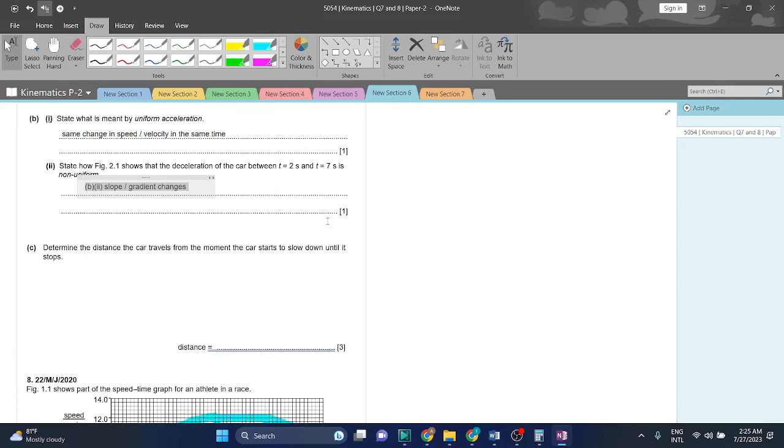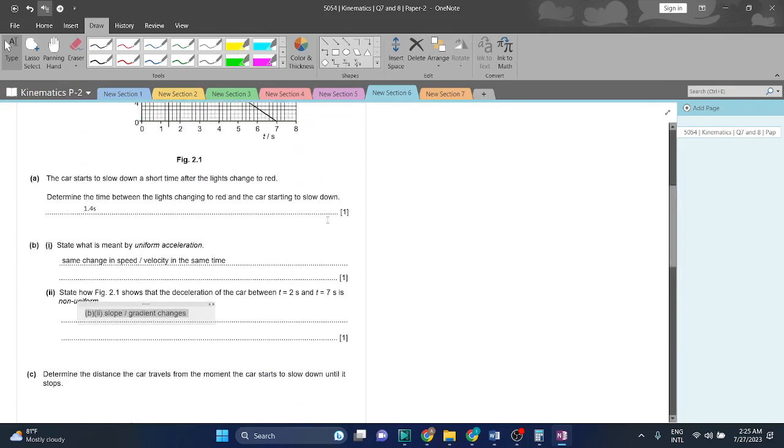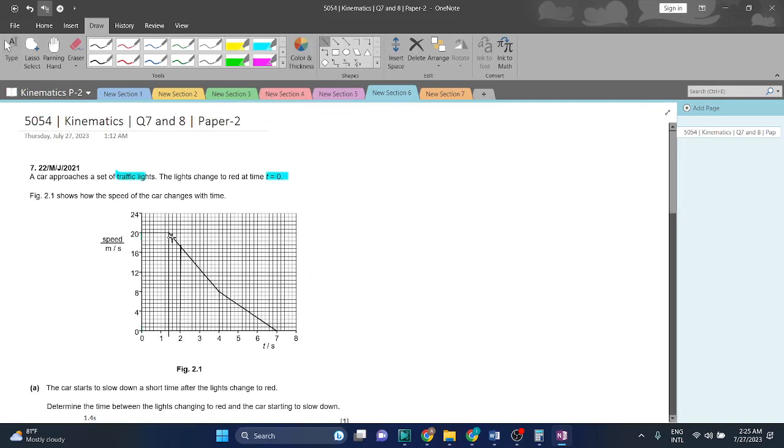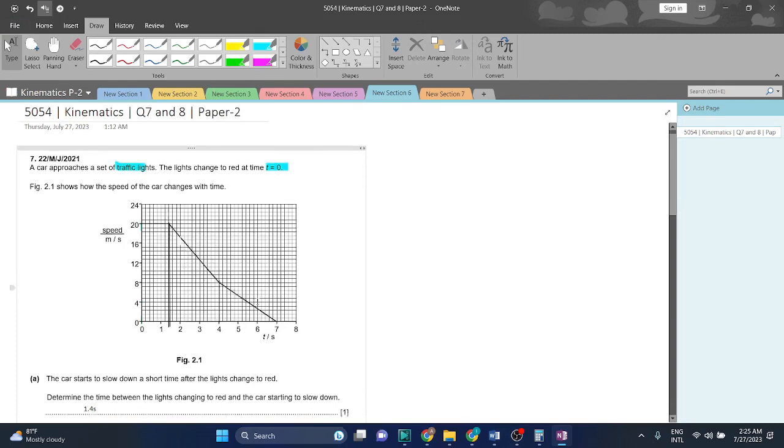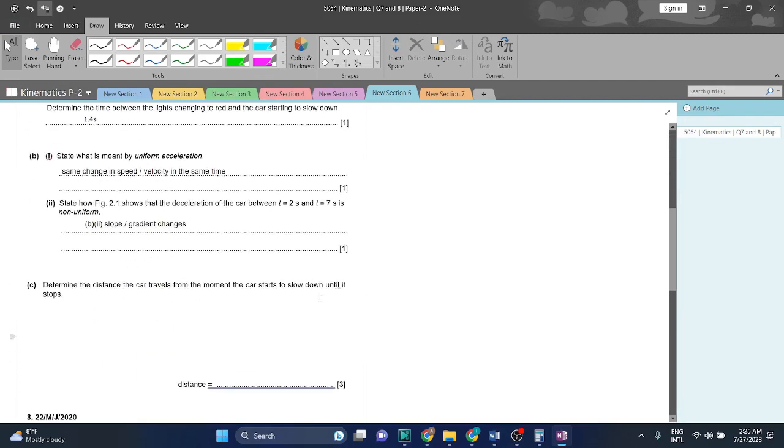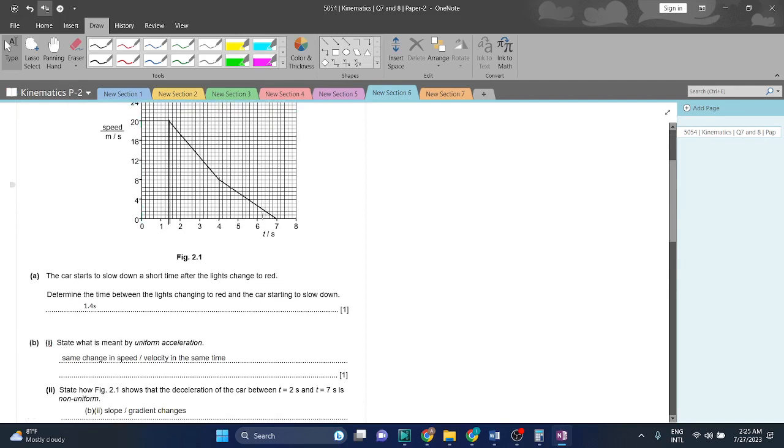Part 3: determine the distance the car travels from the moment the car starts to slow down until it stops. The moment the car starts to slow down is this moment, okay? Now we have to figure out these two areas until the car stops. The car stops here. So we have to figure out the area of all of this.